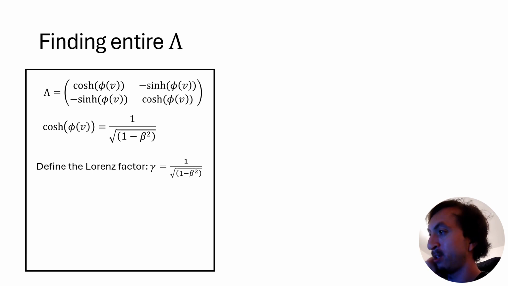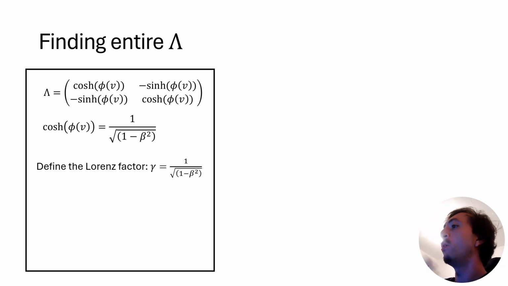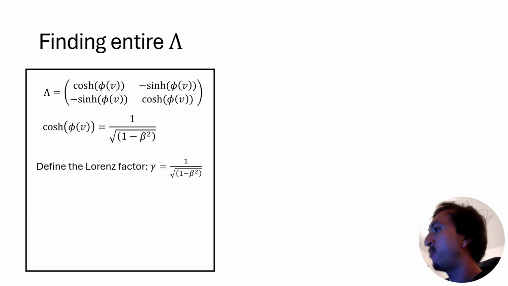Whenever that happens, and given that the Lorentz transform is very special and something that occurs again and again in physics, it's really worth defining a factor that always equals 1 over the square root of 1 minus beta squared. And this factor is called the Lorentz factor and has the symbol gamma.